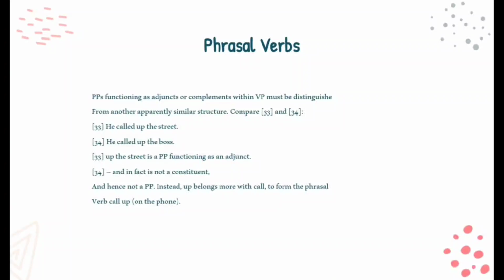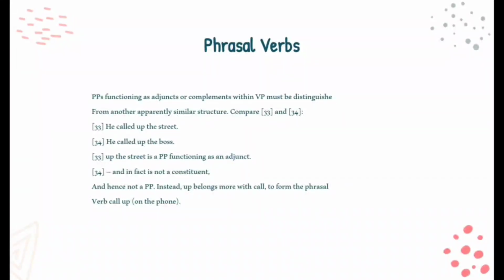Phrasal verbs. PPs functioning as adjuncts or complements within a VP must be distinguished from another apparently similar structure. Compare 33 and 34. 33: He called up the street. 34: He called up the boss.